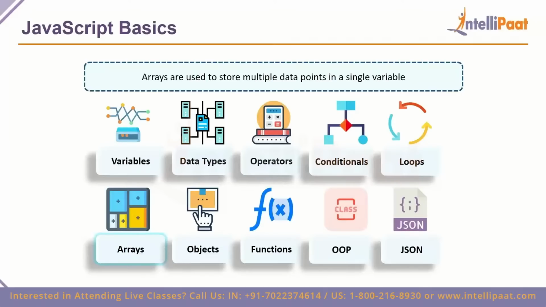In other languages such as C++ and Java, you would have to declare an array of a specific size and then use that array only. You can't use multiple arrays. So that's the difference between the arrays in JavaScript and other languages. Also, in strongly typed languages such as C++ and Java, you would have an array that can only store values of one type.